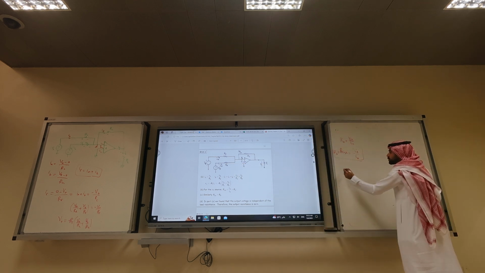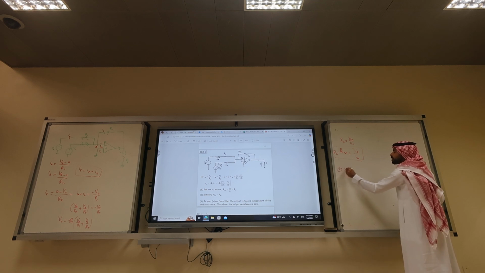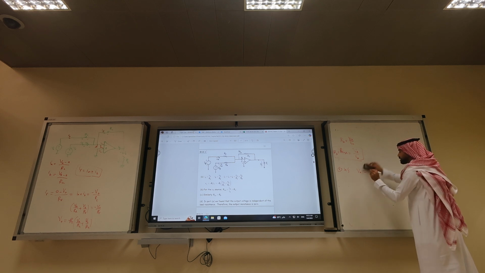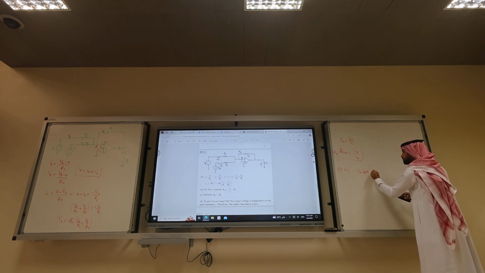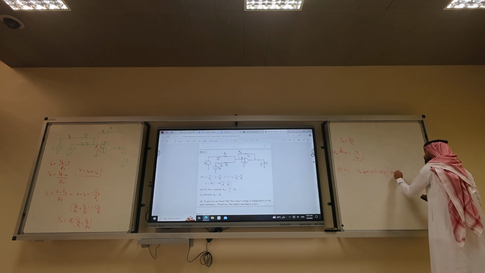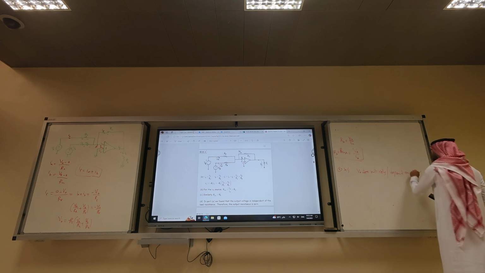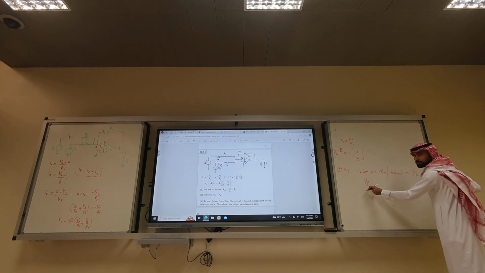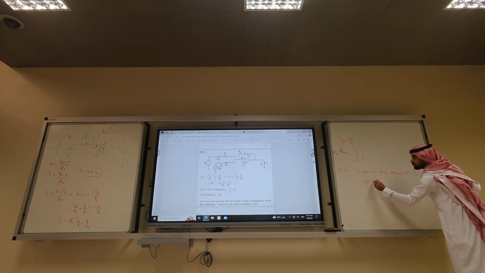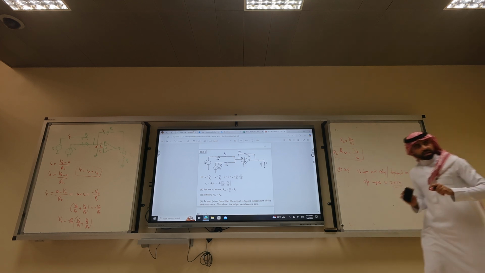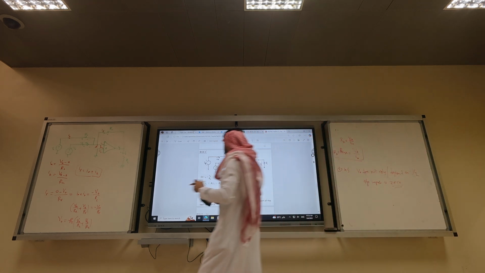Now, for the output impedance, because the V output does not depend on RL, the output impedance is what? 0, meaning it can drive any load of interest.